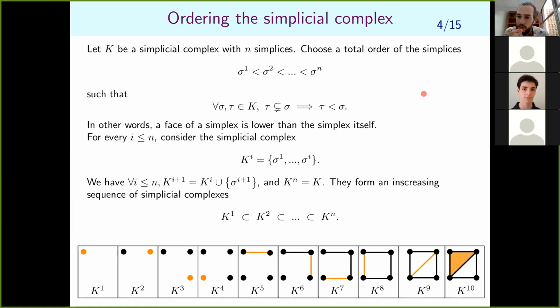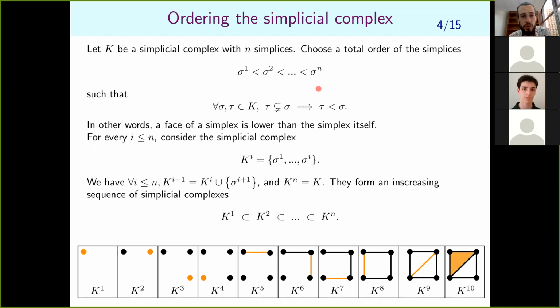So the algorithm we will describe is called incremental because we will study the homology of our simplicial complex step by step by adding simplices one by one. So let K be a simplicial complex with n simplices. I will first order my simplices. So I will say which one is the first simplex, which one is the second simplex, and so on.